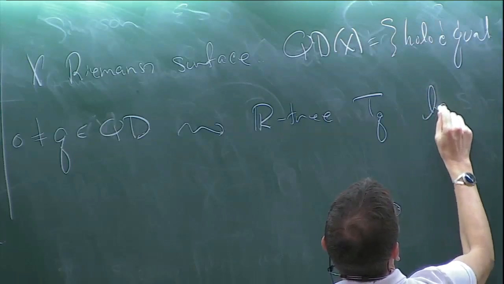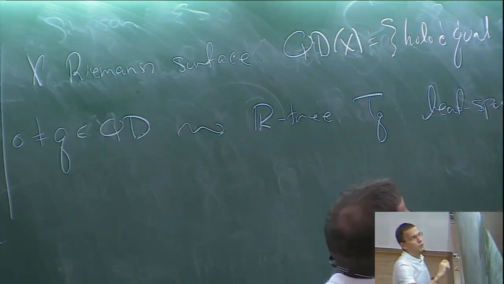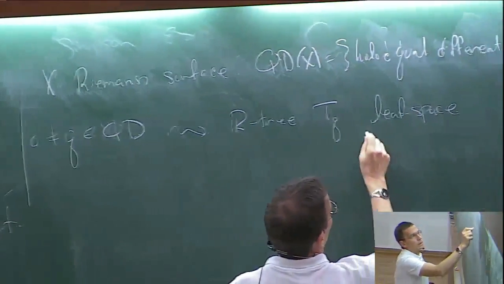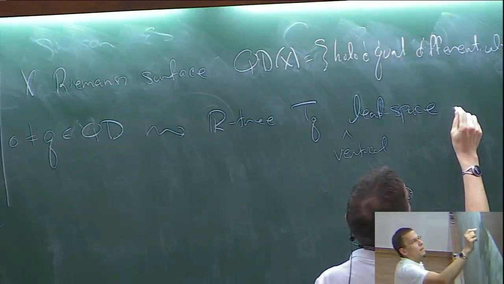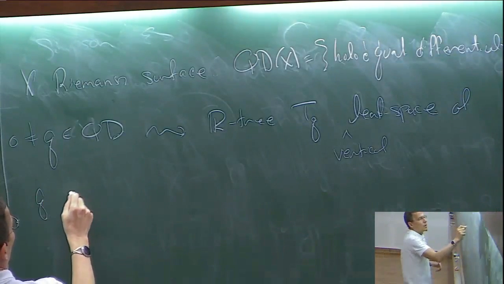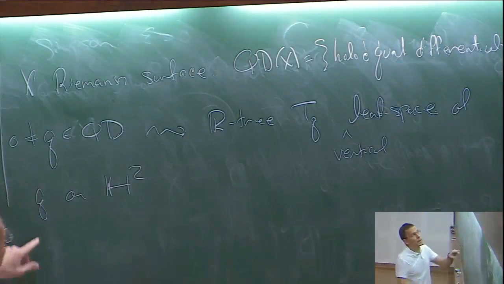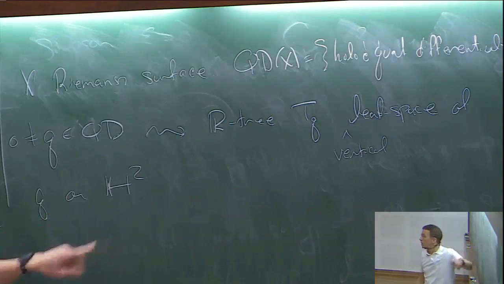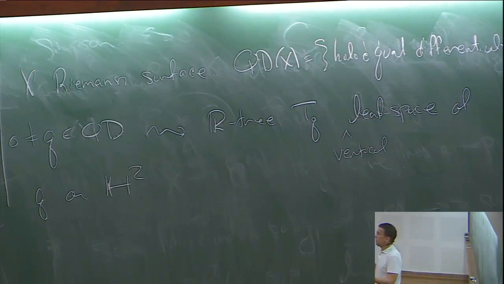And this is just the leaf space, vertical or horizontal, I always forget which one. Let's say the vertical leaf space of Q on the universal cover. So I pull back my quadratic differential to the universal cover, and now it's got transverse measured foliations.